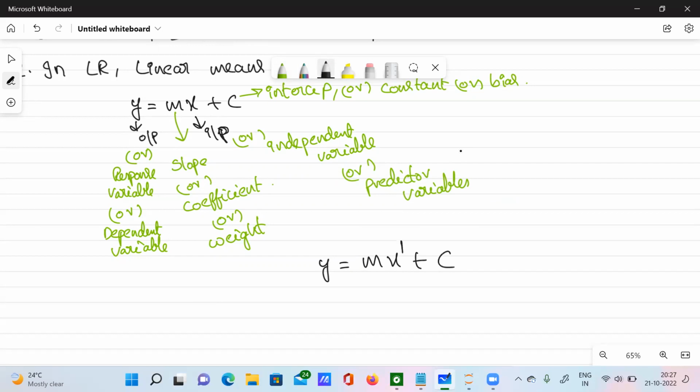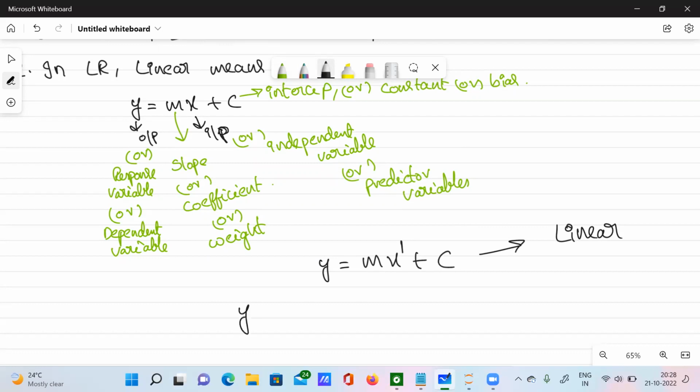This is the reason why we call this particular equation linear. And we are saying the shortcut form of y equal to mx plus c, but in reality we don't have just one single variable here.